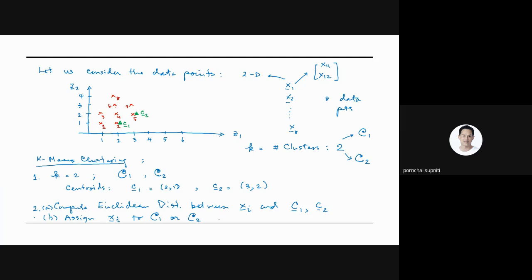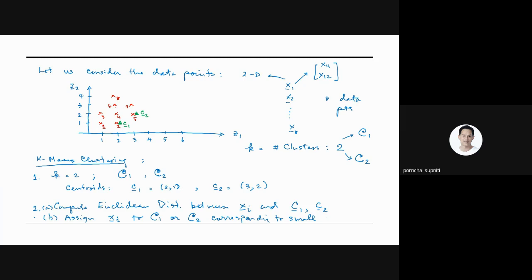Basically, we assign x1 to the cluster that has a smaller distance to the corresponding centroid, the smaller Euclidean distance.